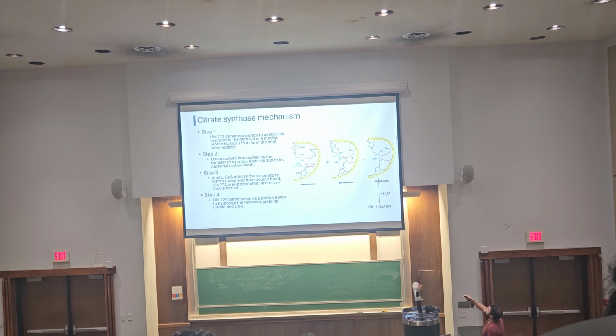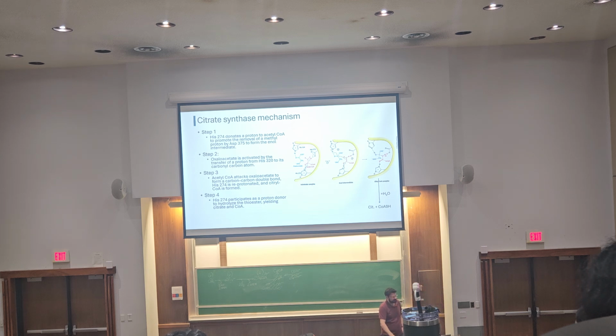All right, so now oxaloacetate is activated by the transfer of a proton from histidine 320 to its carbonyl carbon atom. So here we've dealt with the acetyl-CoA, we've activated it. Now we activate the oxaloacetate, and now the acetyl coenzyme A can attack the oxaloacetate and form this citryl-CoA intermediate. This citryl-CoA intermediate can then be hydrolyzed to form citrate and coenzyme A, right?